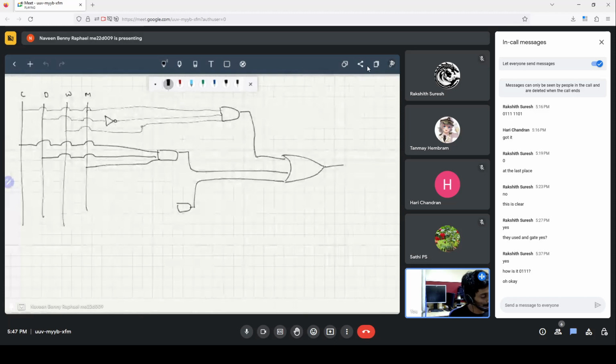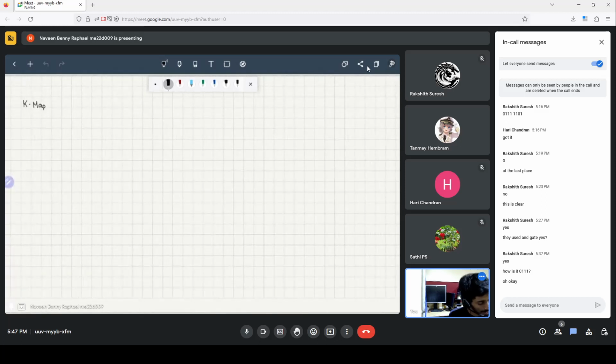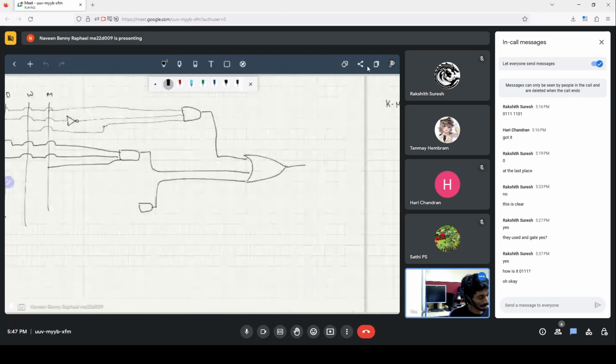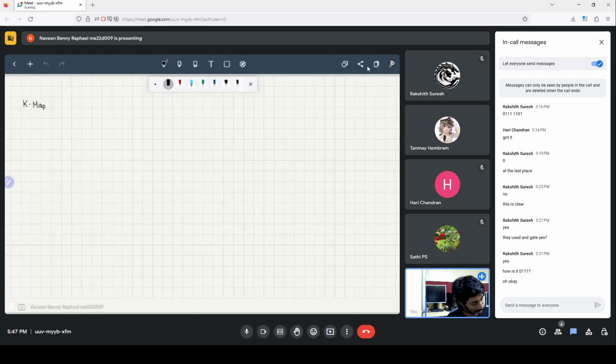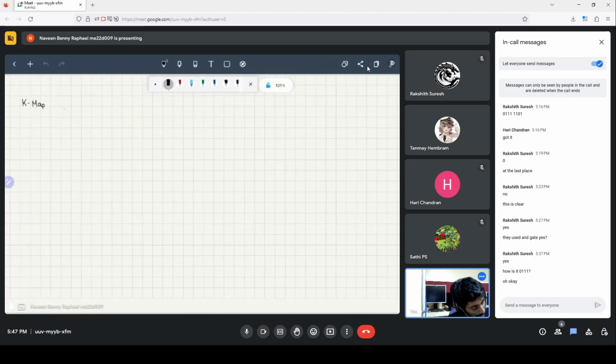That is why there's a concept called K-maps. K-maps essentially help us find the combinations of these sums very easily. For a K-map, there are 3 variable K-maps and 4 variable K-maps.